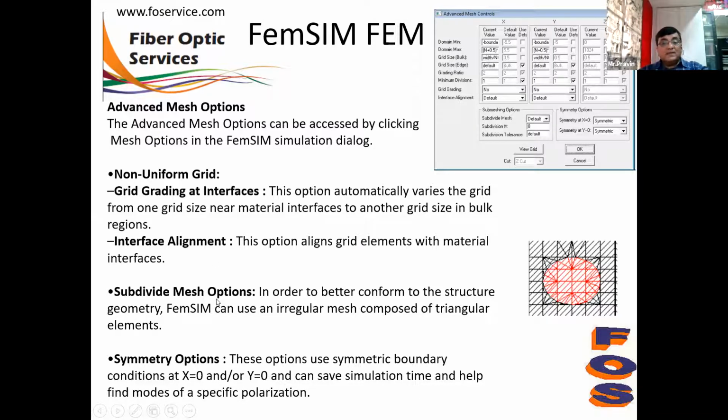It subdivides the mesh. Now, if you can see here, when there is rapid variation, it can subdivide the mesh into different triangular parts to improve the accuracy of the solutions in the area where there is a rapid variation in the material parameter.